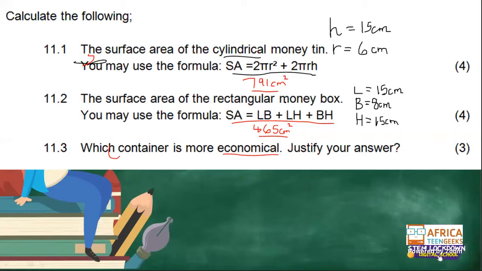So it will actually cost Jablani more money to make a cylinder than it will cost him to make a rectangular prism, right?